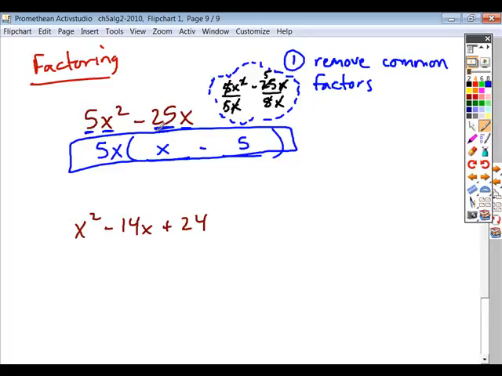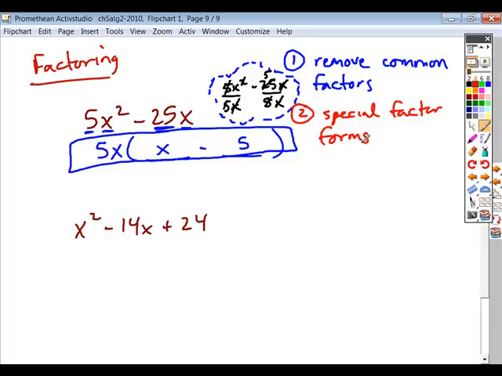Okay, after you remove any common factors, what you're then going to look to do is look for any special factor forms. This book will introduce those a little bit later, or actually, I'm going to go ahead and talk about them right now.